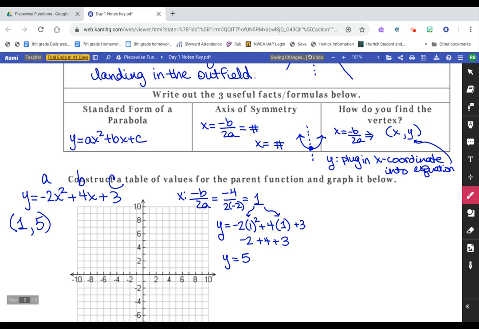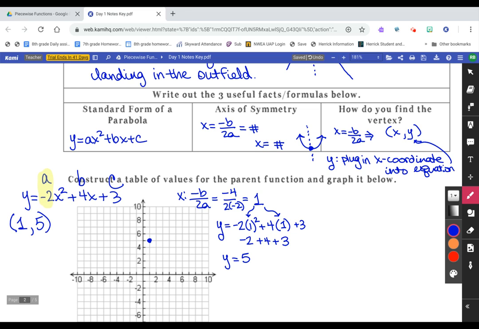Now to graph this, we would go over 1, up 5, and we'd have to look at the equation. The equation has a negative 2 as your a. The negative means that it's going to open down, and the 2 means that it's going to be a vertical stretch by a factor of 2.